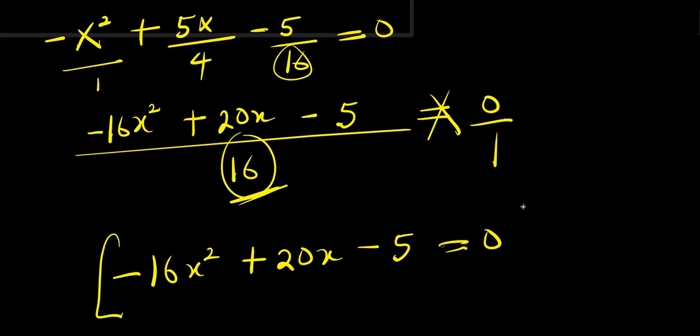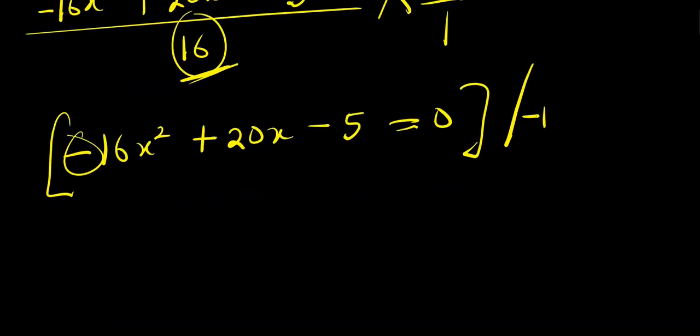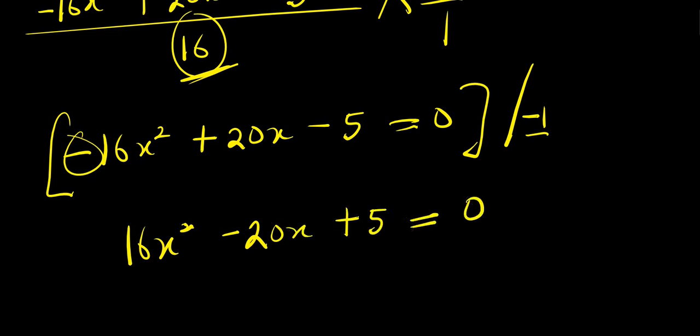To solve this quadratic equation, we need to divide every term by negative 1 because we have negative here and we don't need that. So this will simply give us 16x squared minus 20x plus 5 equals 0.